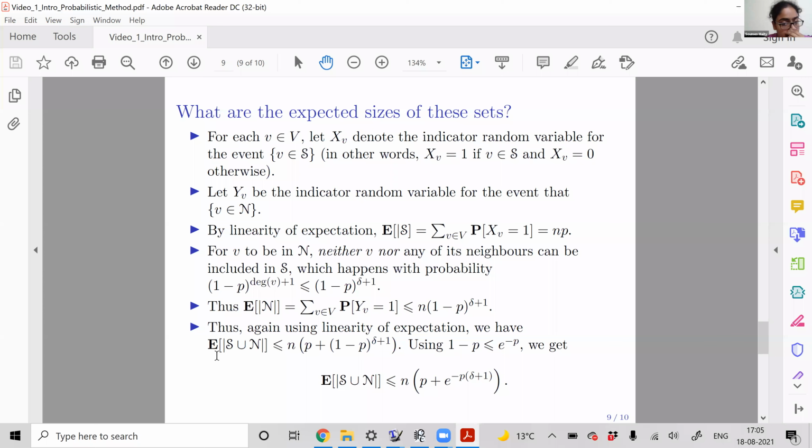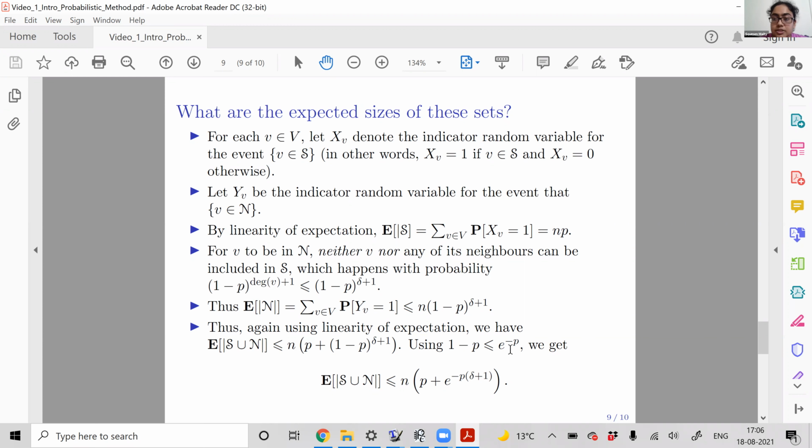So the expectation of the cardinality of S union N is equal to the expectation of the cardinality of S plus the expectation of the cardinality of N. This is bounded above by, you simply add this with this and you get this bound. After that you use this inequality, which you can verify by yourself in case you haven't seen it, but it is a pretty common inequality that we come across very frequently.